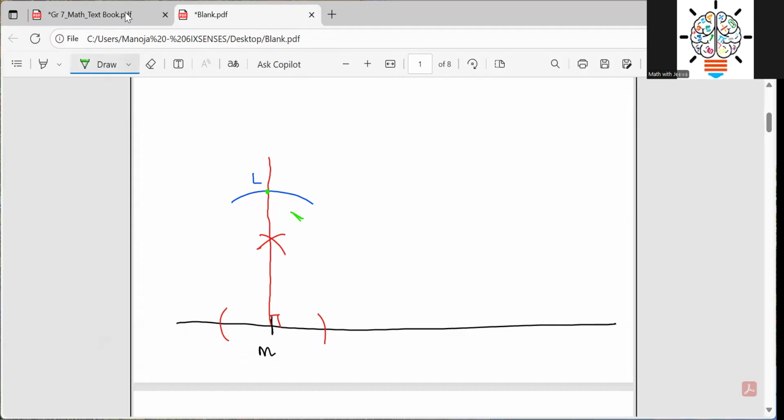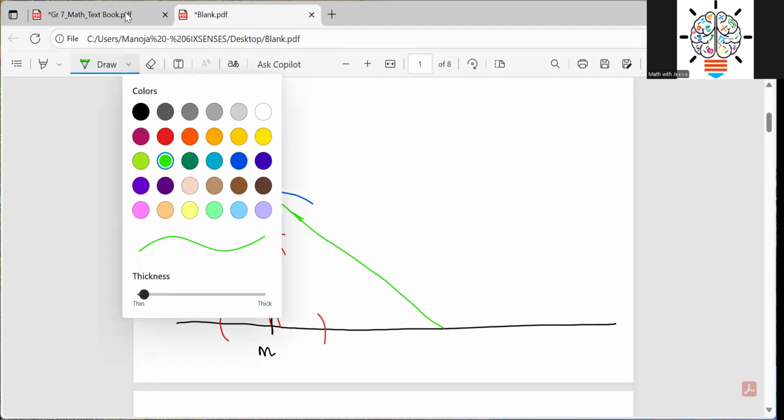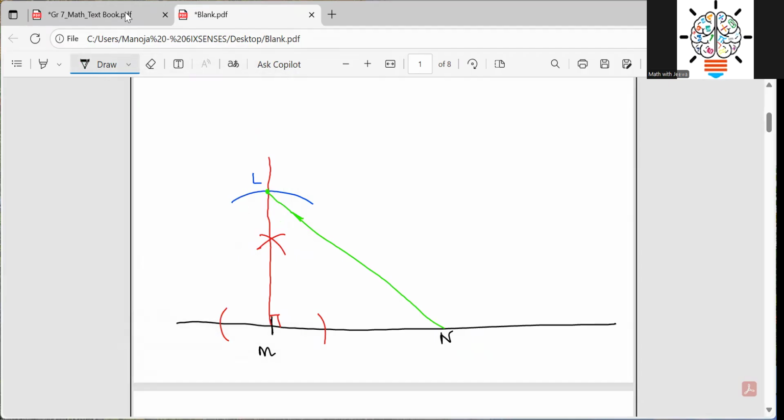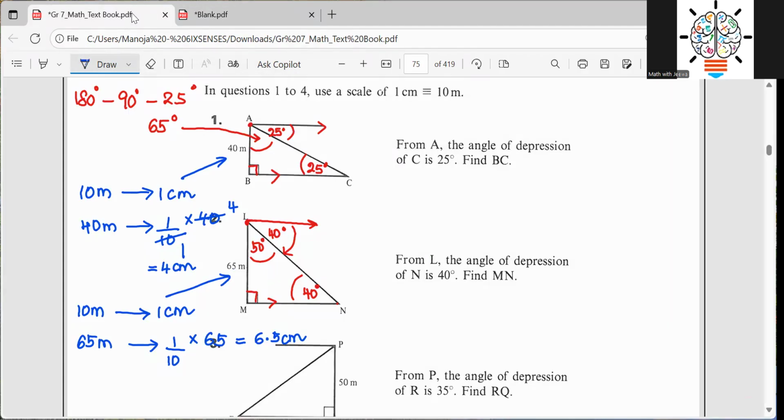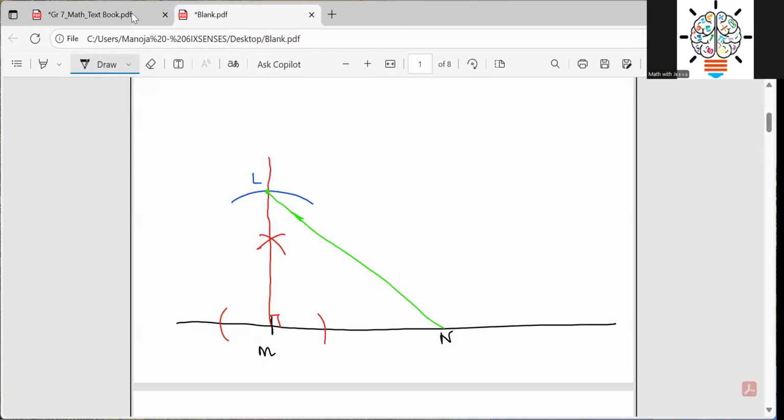When I remove the protractor, I draw it like this, and this is N, okay? As I told you earlier, if your drawing is correct, first I will mark this. This is 50 degrees, this is 90 degrees. If your drawing is correct, this should be 40 degrees. That is how you can confirm that you have done it the correct way.